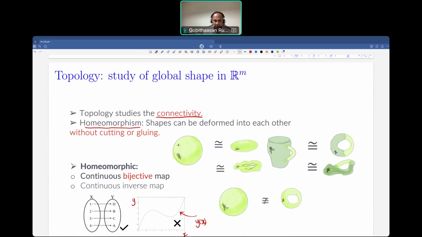We want to compare two shapes. Are these two shapes similar or not similar? Rather than using the words similar or not similar, we'll use the word homeomorphism. What homeomorphism simply means is that shapes can be deformed into each other without cutting or gluing.